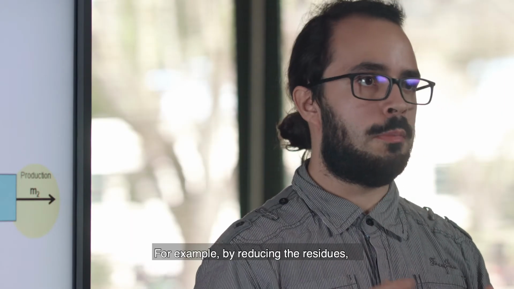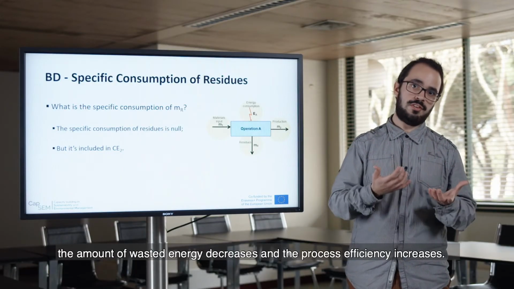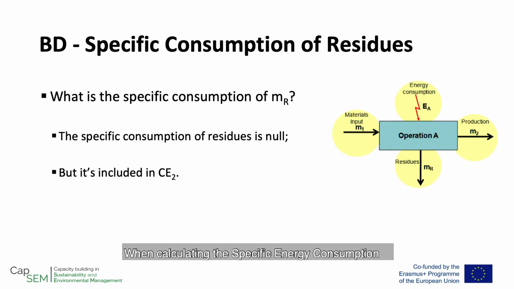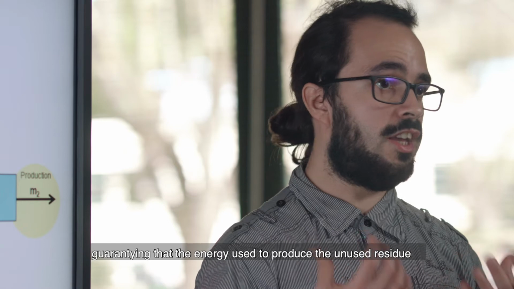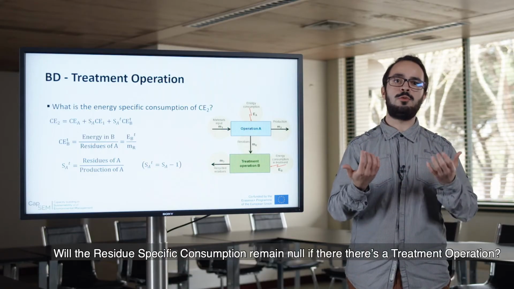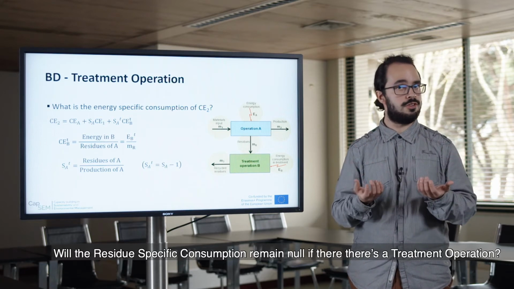For example, by reducing residues, the amount of wasted energy decreases and the process efficiency increases. When calculating the specific energy consumption of a useful output, the value is multiplied by the residue factor, thus guaranteeing that the energy used to produce the unused residue is included in the useful output. Will the residue specific consumption remain null if there is a treatment operation?